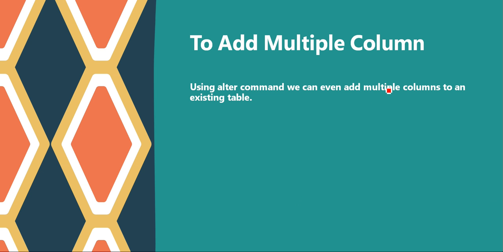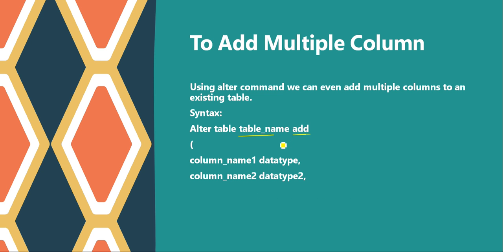We have just seen how to create a table with multiple columns. So this is the syntax: alter table, the table name, and we need to specify the column name and data type.